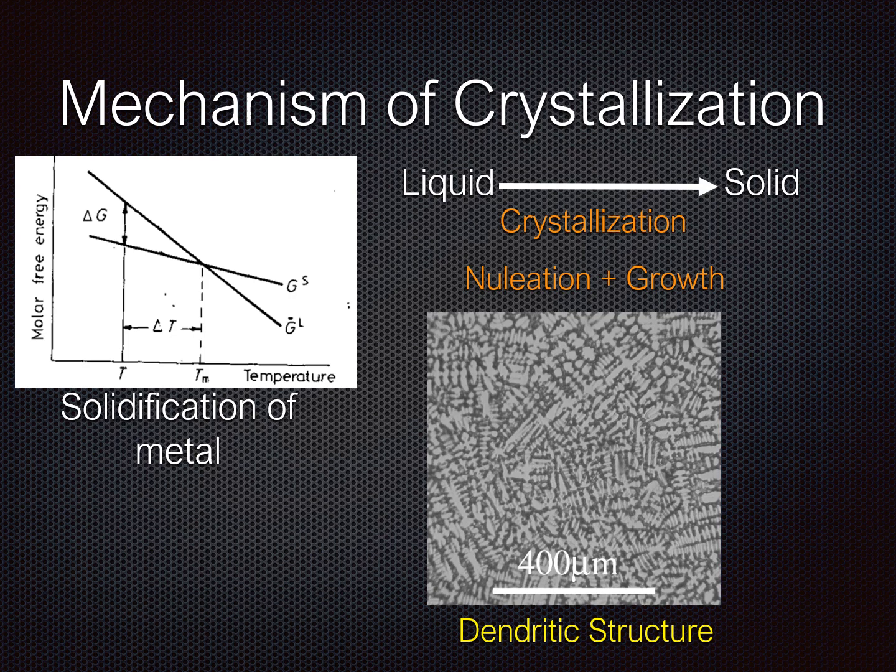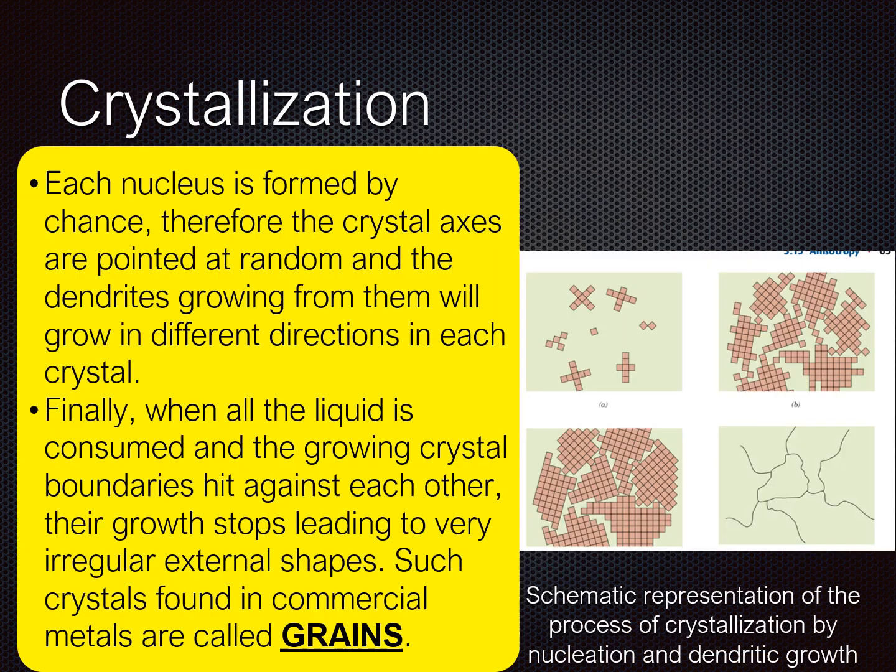Crystal growth continues in three dimensions, the atoms attaching themselves in certain preferred directions, usually along the axis of the crystal. This gives rise to a characteristic tree-like structure which is known as dendrite.